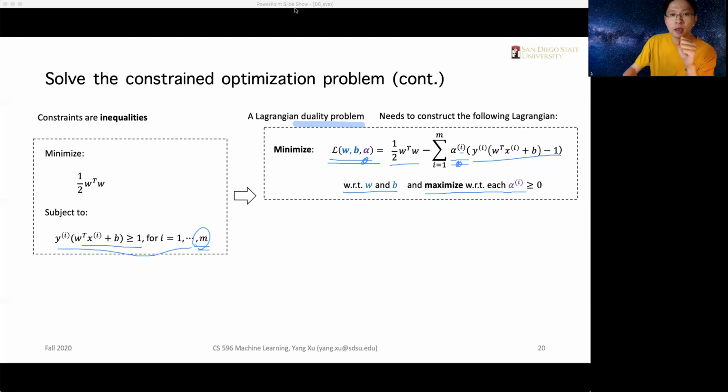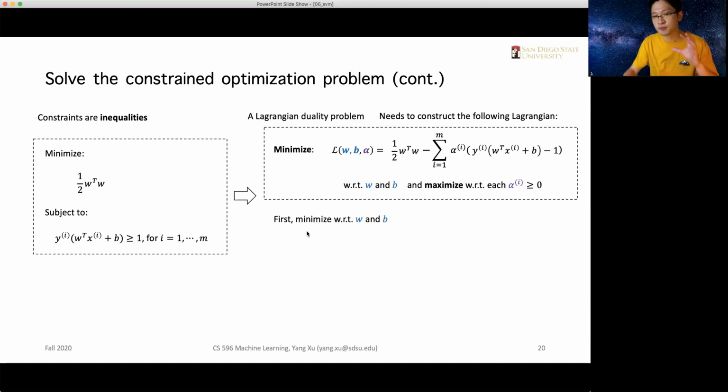Given the minimize or maximize problem, it's the same thought process. We want to find the minimum or the maximum point of some function, so we basically need to take derivatives. First, we want to minimize with respect to W and b, so we take the derivatives of the Lagrangian with respect to W and b. The results are quite neat after we take the derivatives.